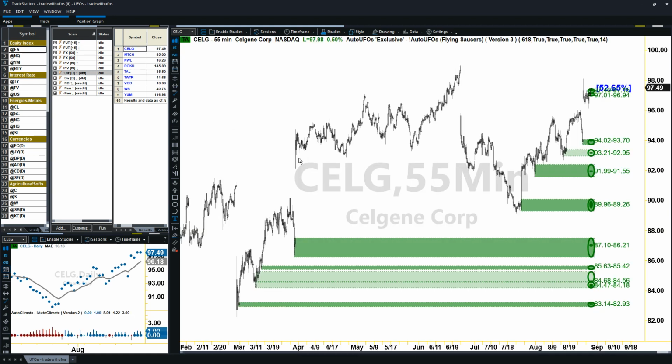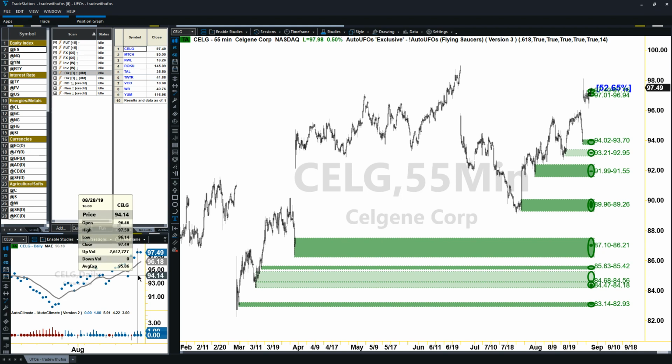So let's see what we got. Okay, we got an average price around 96. That market is going to open at 97, 98. It's going to be higher than now. So that average is going to be around, I would say maybe 96.5, something like that.